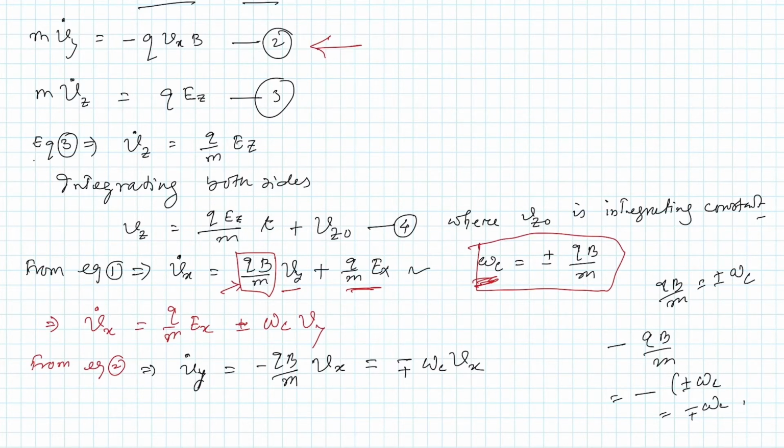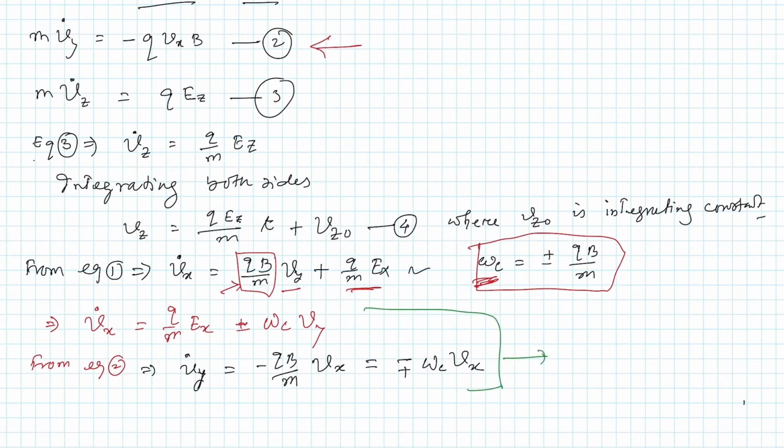Because when you multiply this minus with plus, it will be minus, and when you multiply this minus with the minus, it becomes plus. Hope you got it. So now let us consider this pair of equations as equation number 5.